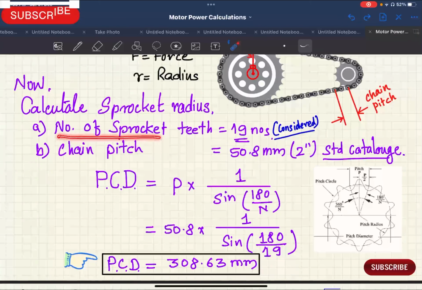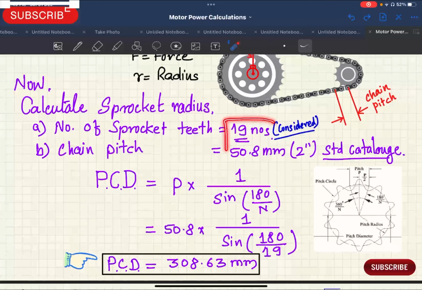Now calculate the sprocket radius. We have considered here the number of teeth of the sprocket to be 19. This is just a consideration. We can change that if required. Chain pitch, we have considered 50.8 mm, which is a drive chain. This value comes from a standard catalog of the chain. So to calculate the PCD, we have the formula P into 1 upon sine of 180 upon N. P is the pitch of the chain, N is the number of teeth.